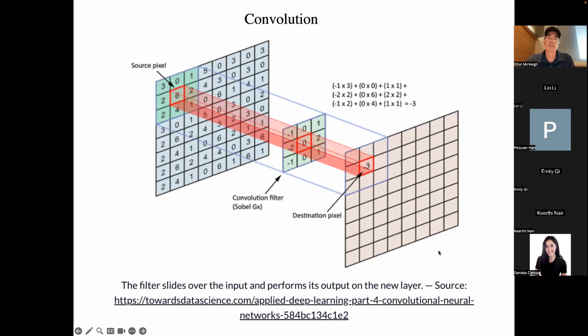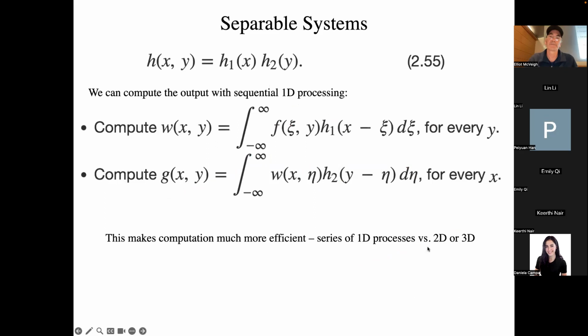So convolution, important thing to know, right, about what's going on with convolution these days. Separable systems: it turns out if you can characterize your point spread function by a blurring in X multiplied by an independent blurring in Y, that is, you don't need to know what X you're on in order to execute your blurring in Y, then you have what's called a separable system, right?